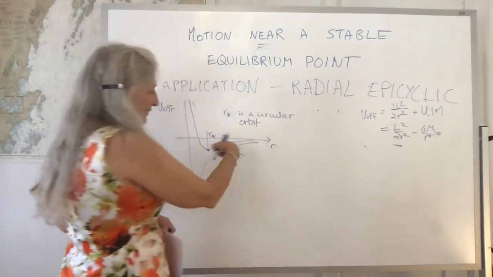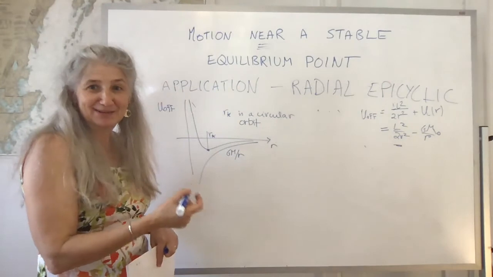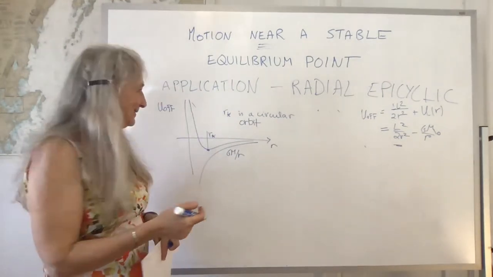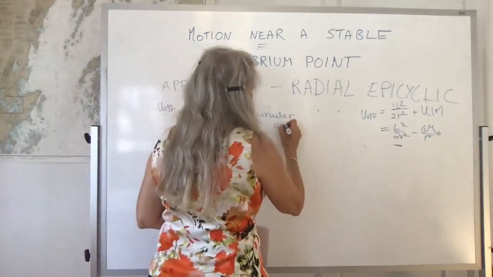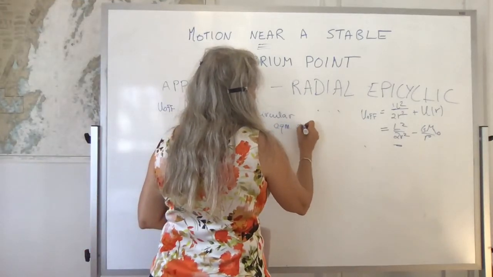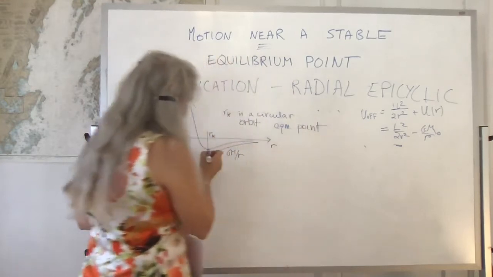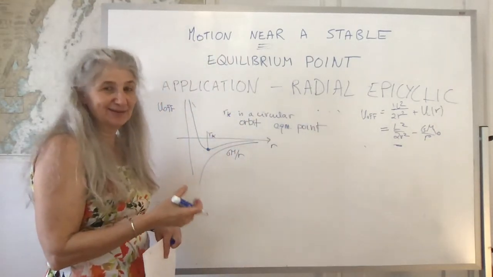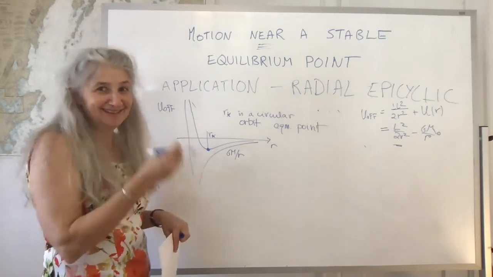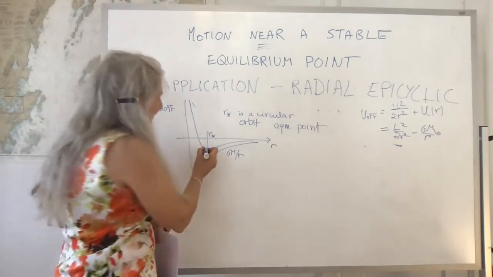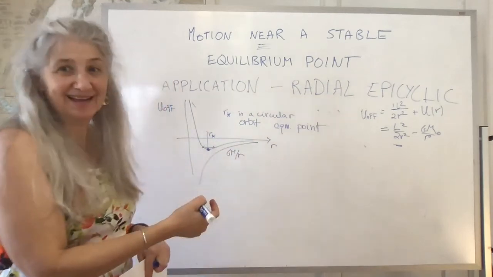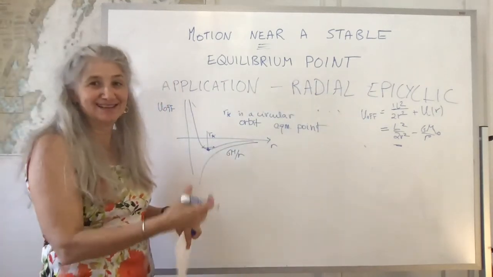When you draw it like this, it's also an equilibrium point in radius because the radius doesn't change in the orbit. And that means we can use r star, which is the radius of a circular orbit with angular momentum L. You have to choose L first. And you can look at the oscillation back and forth around that circular orbit. Those are the radial epicycles.